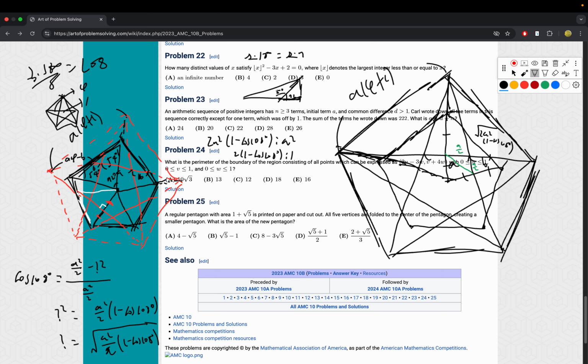Why is it 72? It's not 72. 180 minus 72 degrees. Actually, I know how to find sine 18 degrees. Then 5x equals 90.